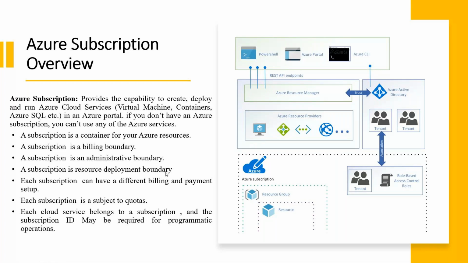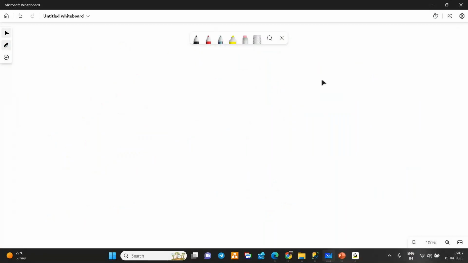For example, you may maintain three different subscriptions like production subscription, developer subscription, and test subscription.